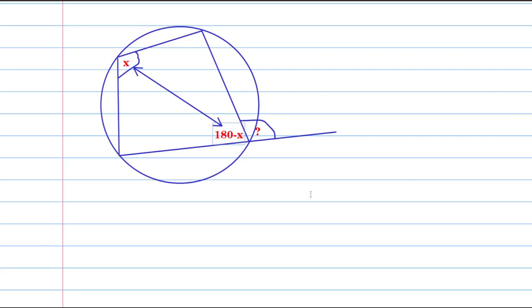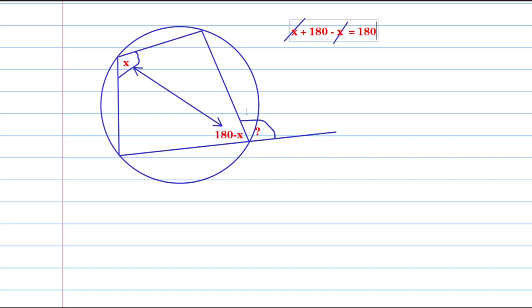So that if you add these two, you are going to get 180. x plus 180 minus x is equal to, the x is going to cancel with that, and that is going to give you 180 degrees.